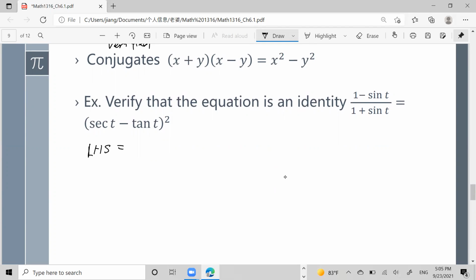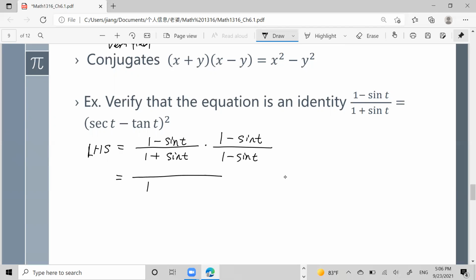Equals, so this one, 1 minus sine t over 1 plus sine t. Use the conjugate formula. That means the bottom one needs a conjugate. 1 plus sine t needs to be multiplied by 1 minus sine t. And the top one is 1 minus sine t.